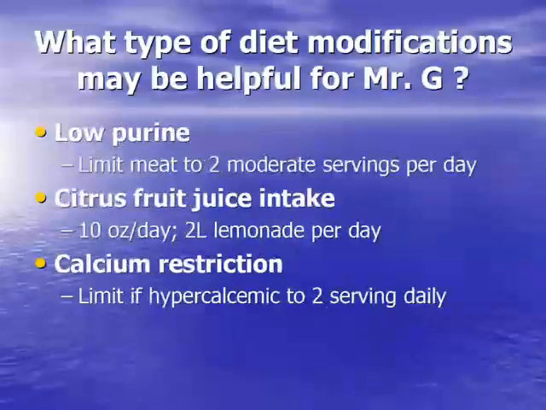Low purine may also be needed, so in other words, the patient needs to limit meat to just 2 moderate servings per day. Increase citrus fruit juices to increase the acidity, and restrict calcium, because that's probably the type of kidney stone he had. So he may need to limit calcium to only 2 servings per day.